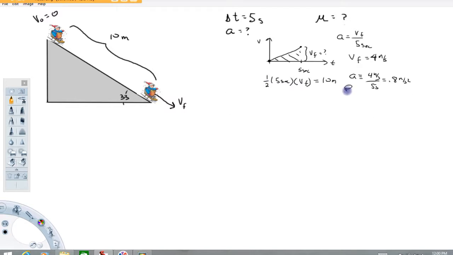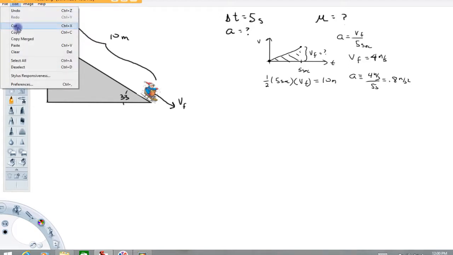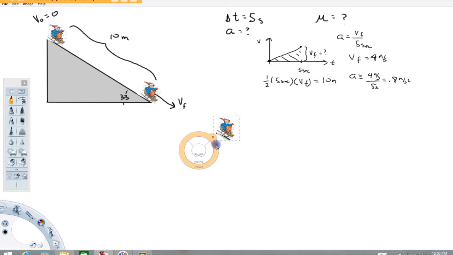Now the next part is, how do we take this acceleration and link it to the frictional coefficient? That's where a good free body diagram will come in handy. I'm going to imagine the child here, and I'm going to clone this and draw my free body right here, kind of an intermediate picture.